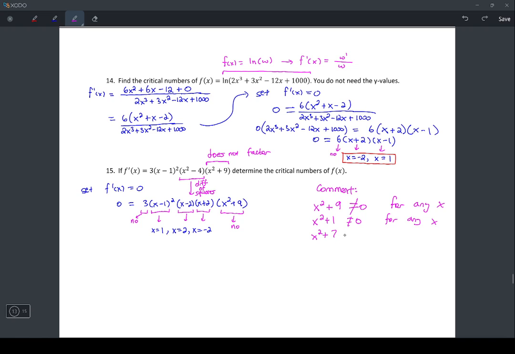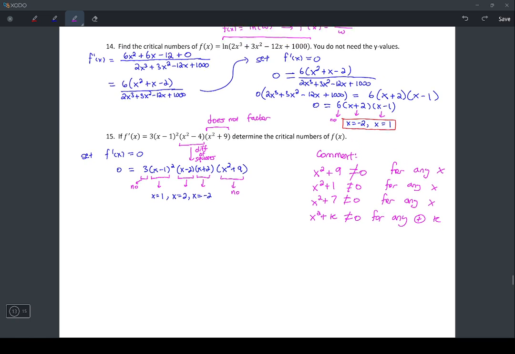X squared plus 7 is not equal to 0 for any x. X squared plus k is not equal to 0 for any positive k value. So if k is greater than 0, x squared plus k will never, ever, ever be 0.